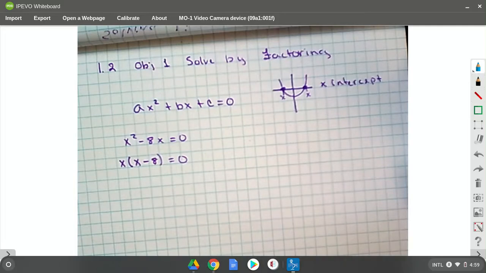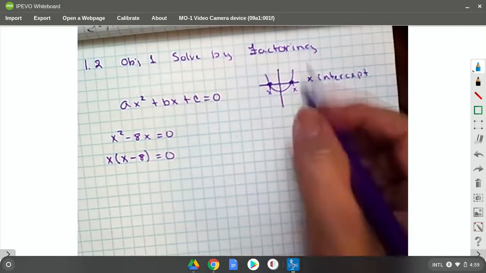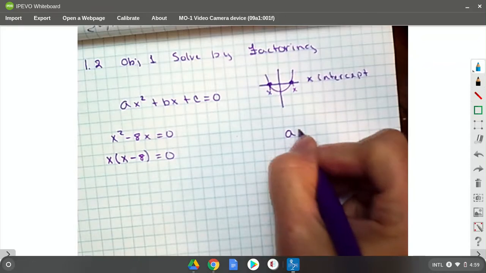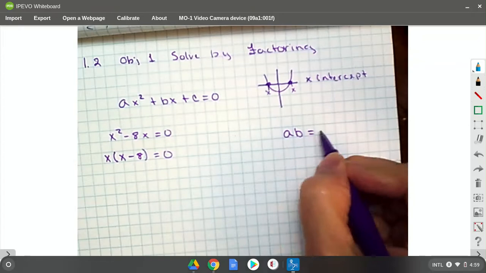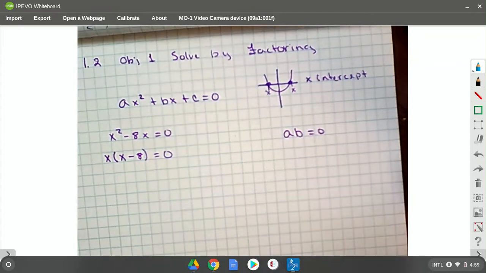Now the thing is that 0 is so powerful. If I have A times B is equal to 0, I may not know what A is, I may not know what B is, but what I do absolutely know is somebody's got to be a 0, right?